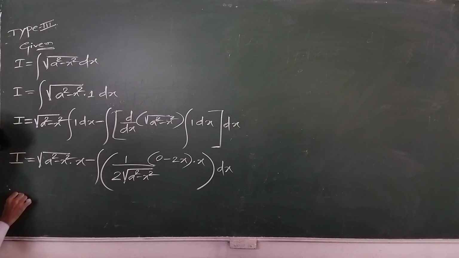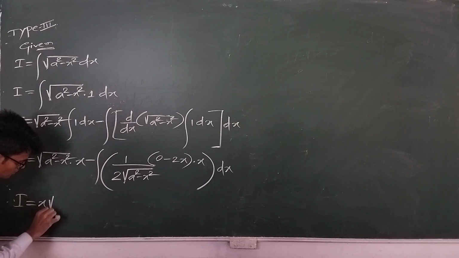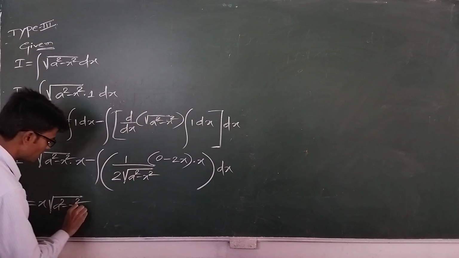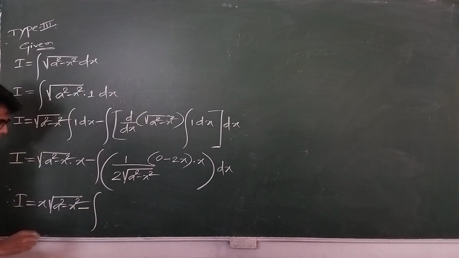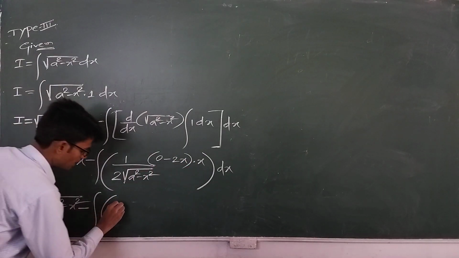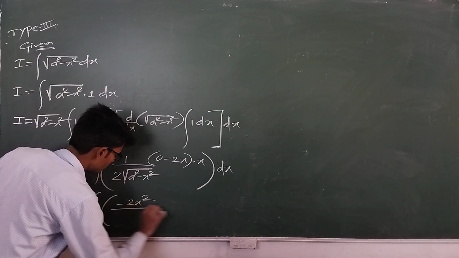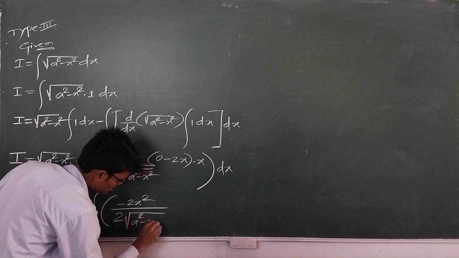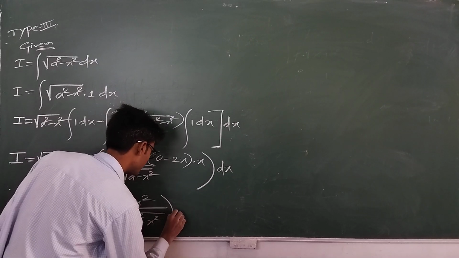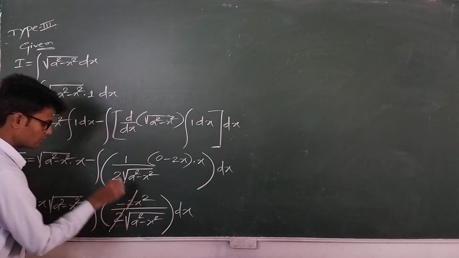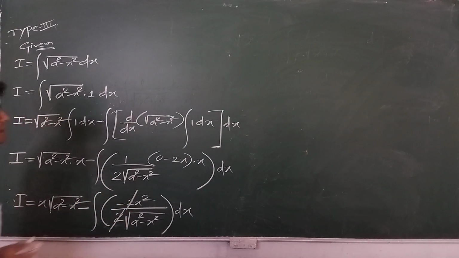So therefore I is equal to x into square root of a square minus x square, minus integration of minus 2x into x, minus 2x square divided by 2 into square root of a square minus x square, bracket complete, into dx. The 2s get cancelled.